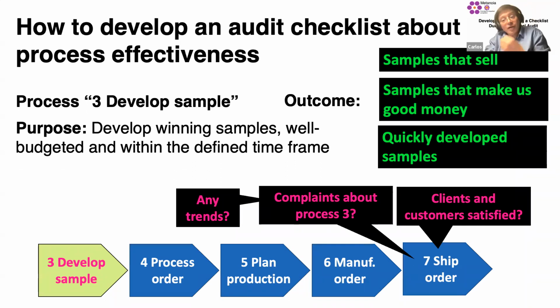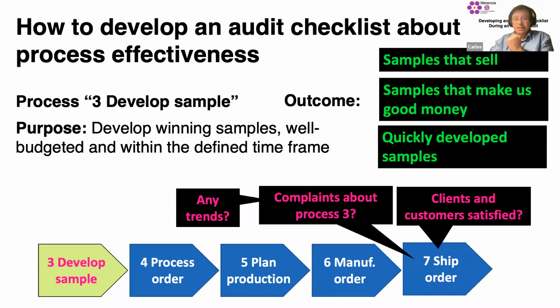So can the auditor have access to an analysis of trends associated with complaints or to the result of the assessment of customers' opinion regarding the development of samples? If so, the auditor can look at the numbers and graphs and advance the type of investigation to be carried out during the audit. So this is about the process, a checklist about the process effectiveness.